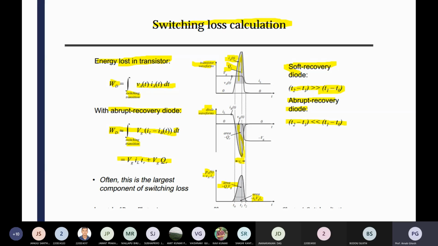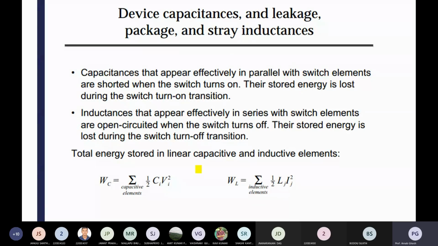Next, I told you in my first slide that some components are there, meaning parasitic components, inherently present. Due to the presence of those parasitic elements, you can sometimes observe stray capacitance and stray inductance over your switching devices, and additional leakage.